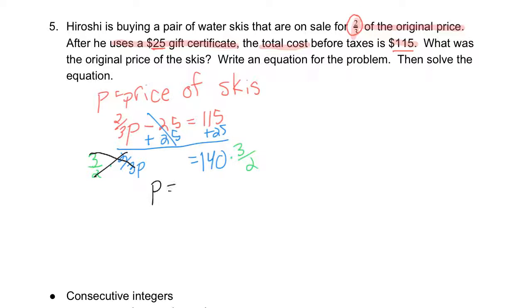All we're left with is P. Now, if we can imagine this 140 is over 1, we can see that if we multiply across, we get 420. 2 times 1 is 2. So to simplify our fraction, we take 420 divided by 2, and we get P is 210. So the original price of the skis was $210.